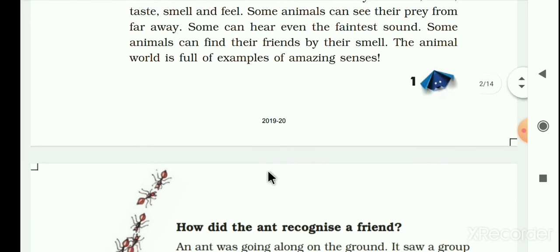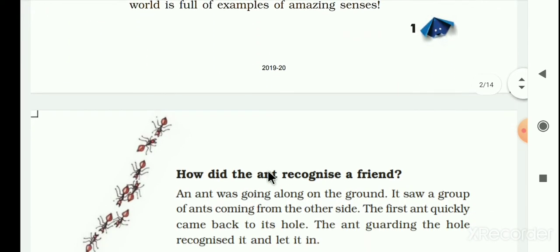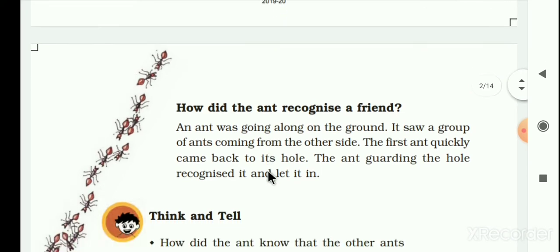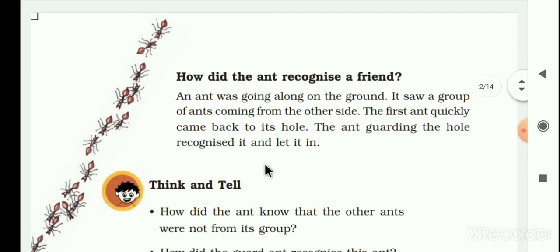Let's have a look at the other one. We have talked about the ant, right? I discussed just now that ants walk in a queue. Let's read. How did the ant recognize a friend? You all know that ants do not have eyes. An ant was going along on the ground. It saw a group of ants coming from the other side.